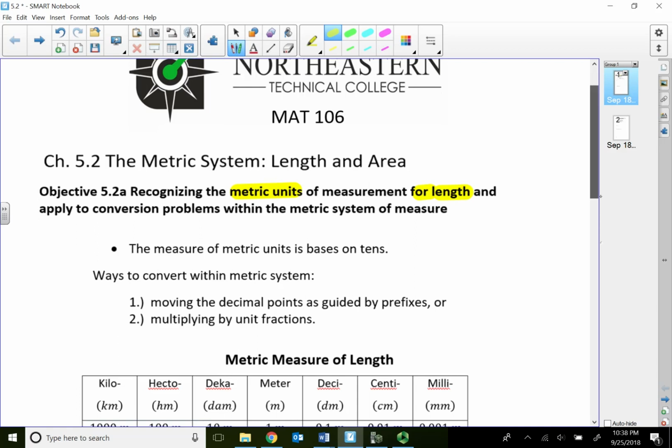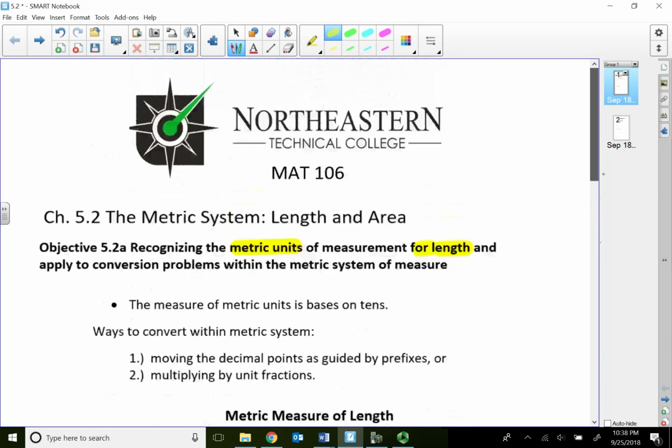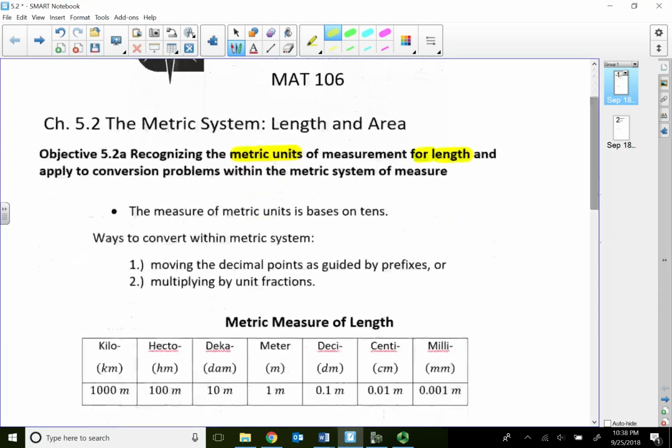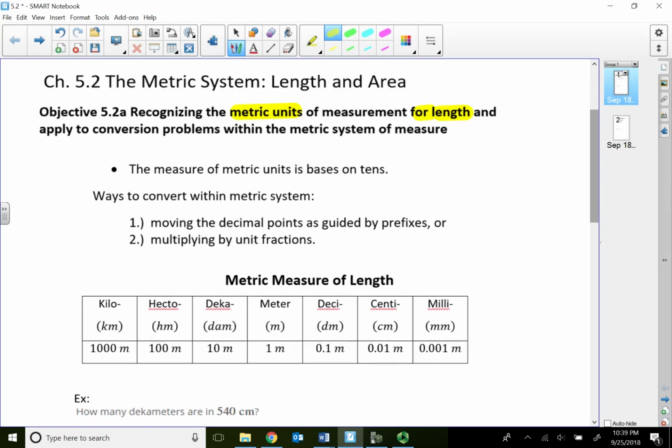All right, so the metric system is the most widely used measurement system in the world because it's very simple to use. It's based on tens, just like our number system. That's why it's very easy to convert from one metric unit to another.